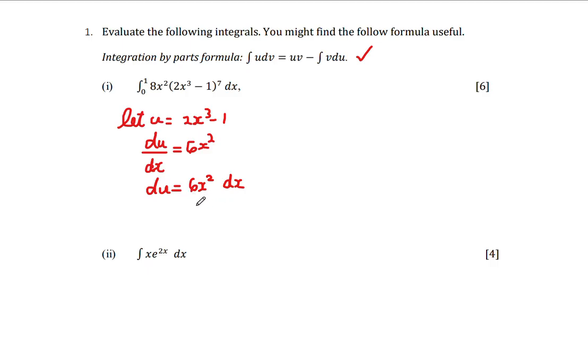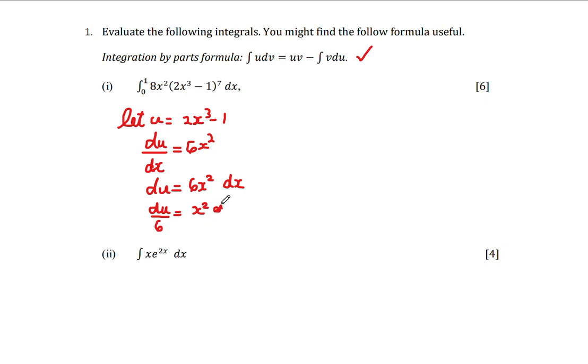We could go a little bit further with this and say du divided by 6. This is not an absolutely necessary step, but it might make things a little simpler later on. So we divide both sides of the equation by 6 so that we're only left with x squared and dx on this side.